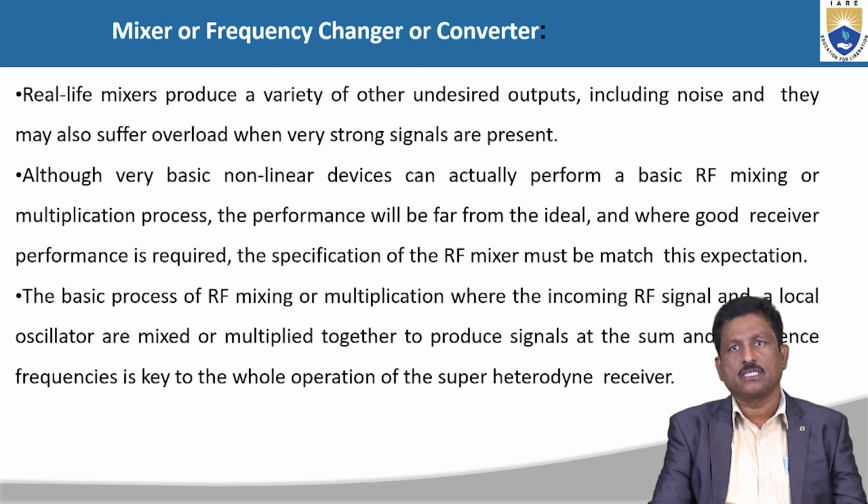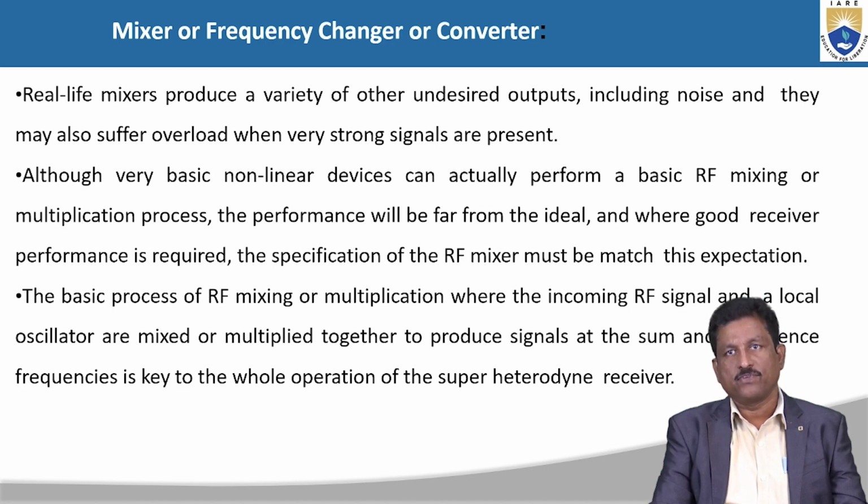This is the mixer, or frequency changer, also known as a converter. Whatever signal is received from space, that is the modulated wave, and the locally generated carrier signal, by the mixing operation we change into the IF value. So it is known as a mixer, which mixes the two input signals and generates the IF value.